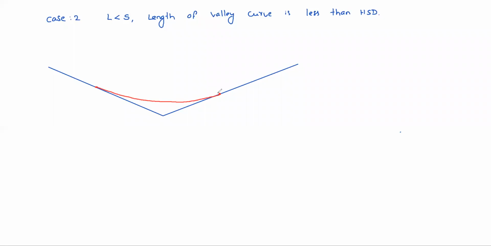So something like this. Okay, this is the curve. And let us assume the vehicle is exactly here.